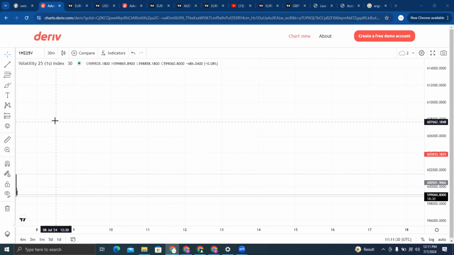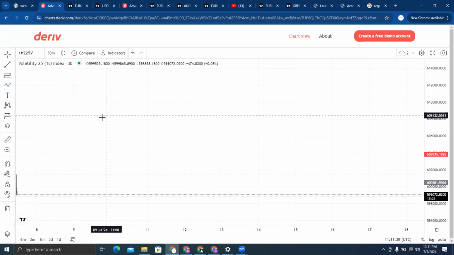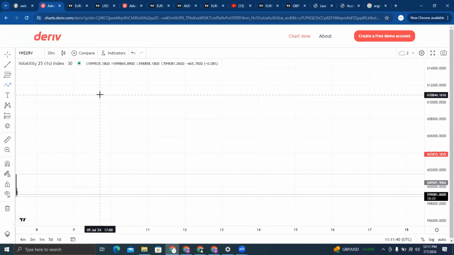So what is the entry model? The entry model goes like this. I'll use this just to show you how it works. Let's say you have identified your market trend.